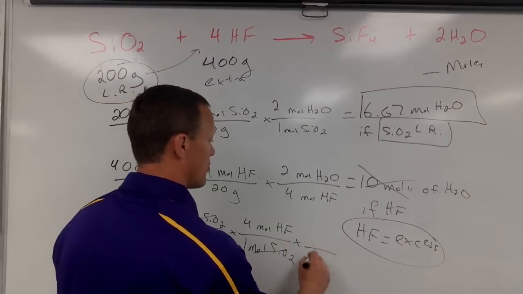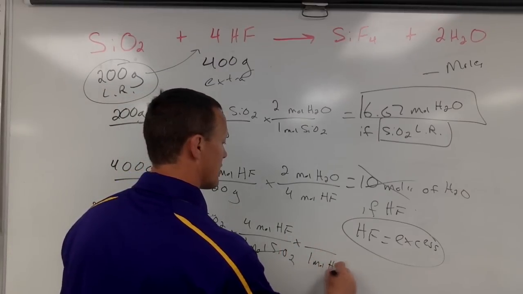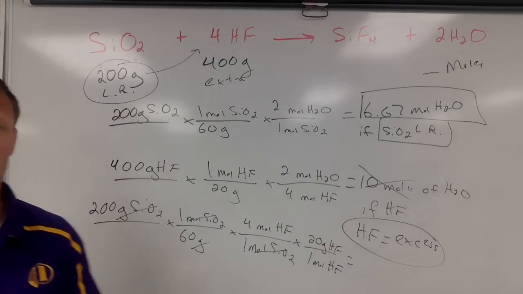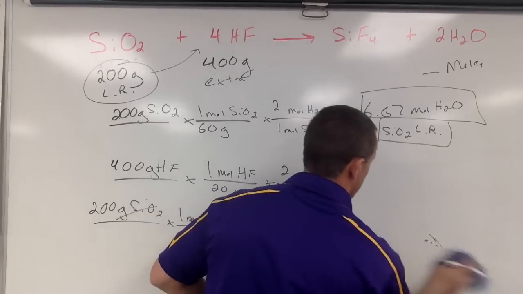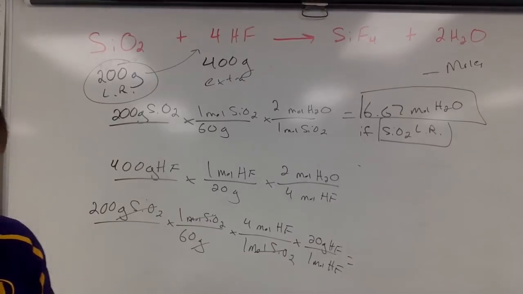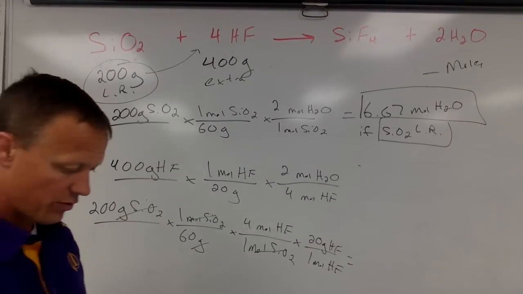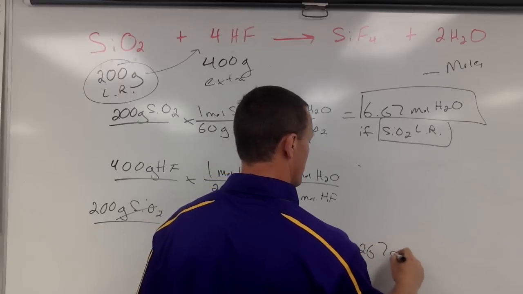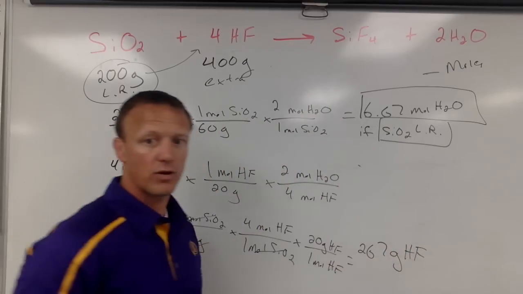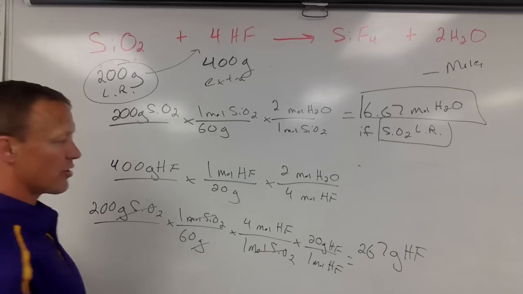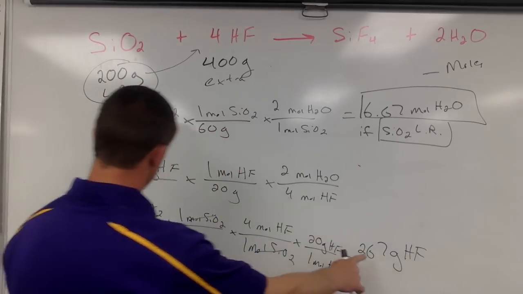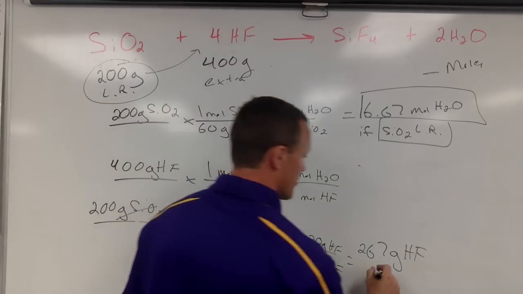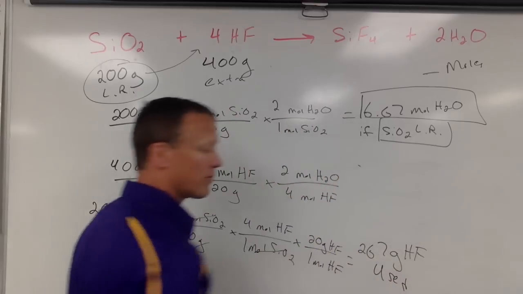And then say that every mole of hydrogen fluoride is 20 grams of hydrogen fluoride. When we do that, we get an answer of 266.7. So we'll say 267 grams of hydrogen fluoride. Again, that is how much hydrogen fluoride we would use if we use 200 grams of silicon dioxide. So that is the amount used.